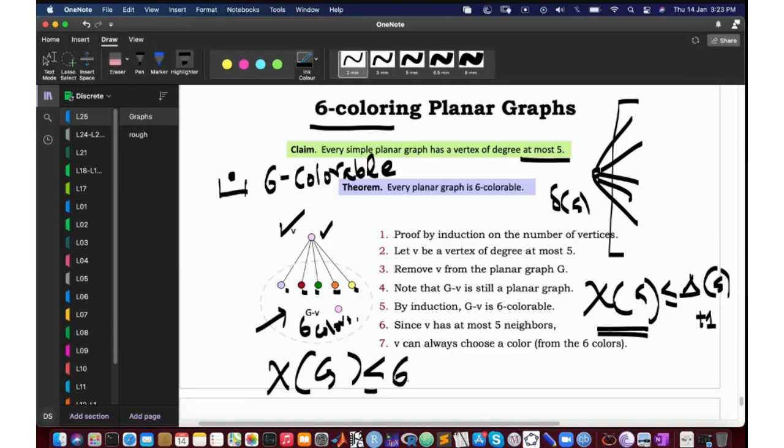Okay, and I told you that actually with a more rigorous analysis you can, using the same proof, prove that 5 colors are enough, or the 4 color theorem says that it's actually 4.